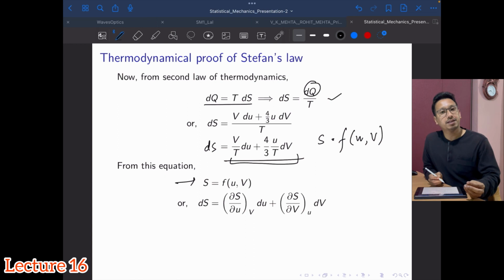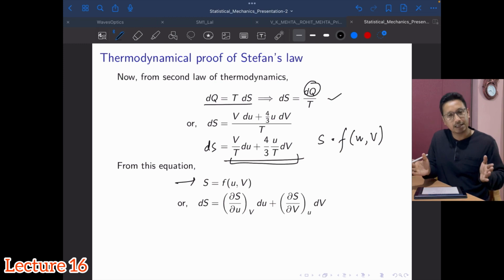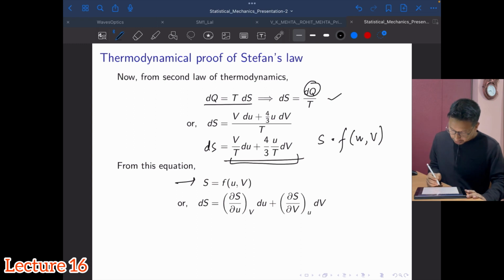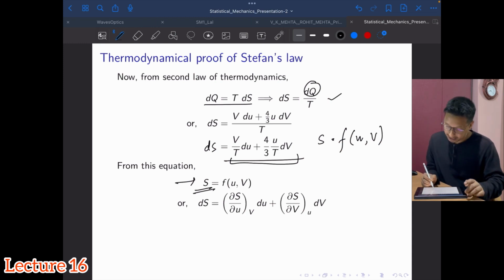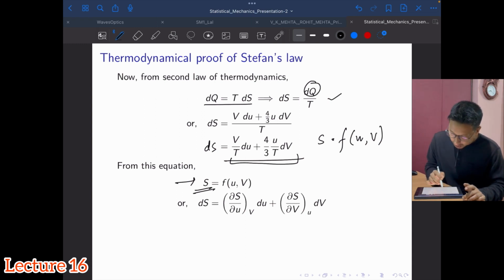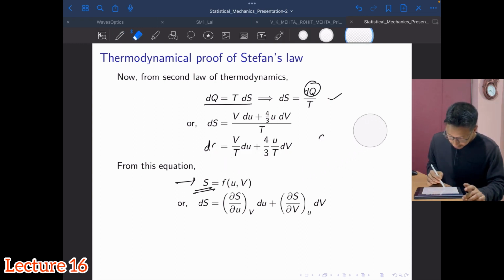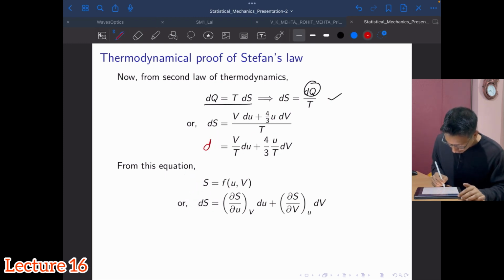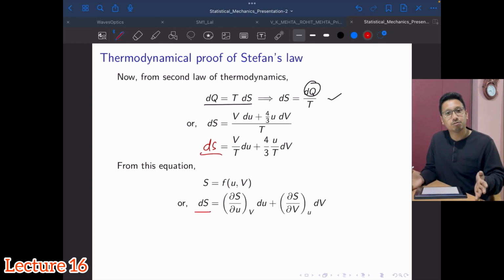Since entropy is a state function, meaning an exact differential, as you know from our basic thermodynamics course, I can write the total differential for this entropy function. So ds equals del s by del u, keeping v constant, du, plus del s by del v, keeping u constant, dv. Now the idea is to compare: this is ds, and this is also ds, so these two expressions are equal.